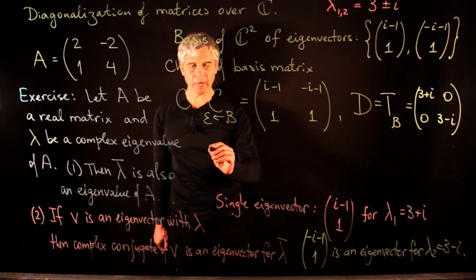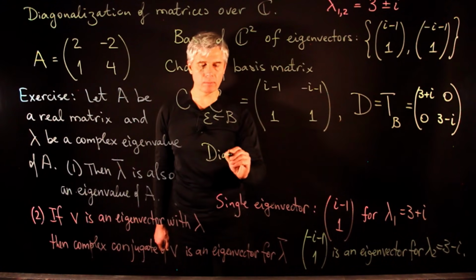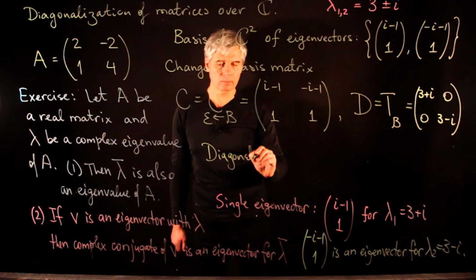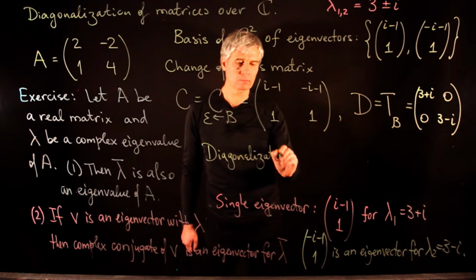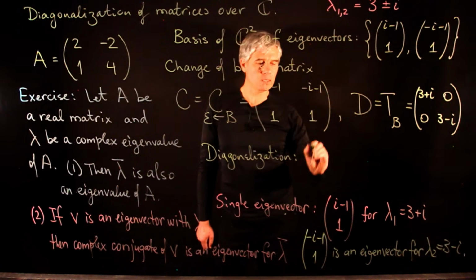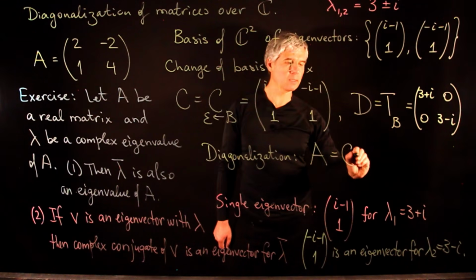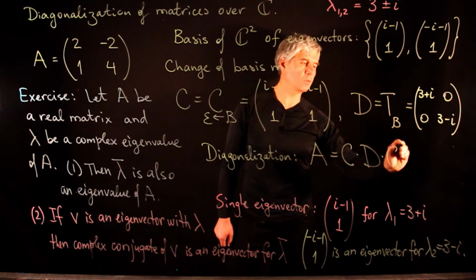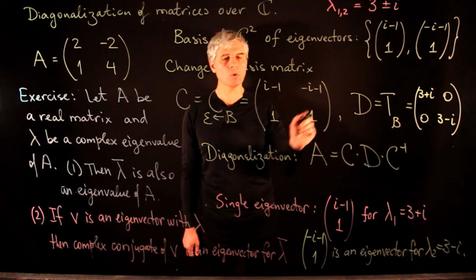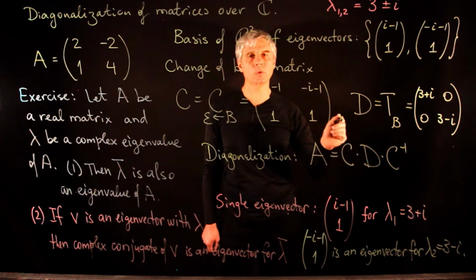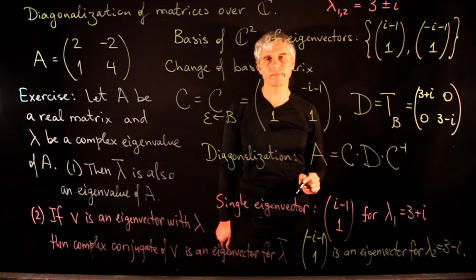And finally, we write the diagonalization formula: A is equal to C times D times C inverse. And the inverse of this complex matrix can be easily computed using our usual formulas.